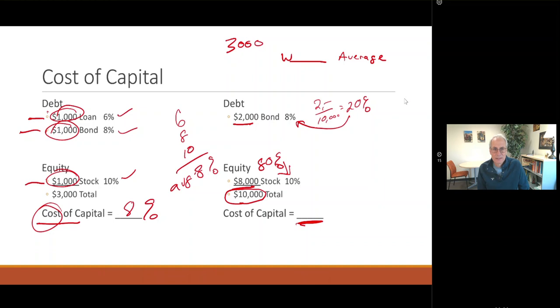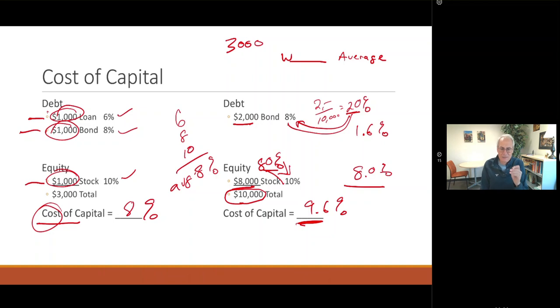I want you to calculate that. All you're going to do is take 20% times 8%, and that's going to be 1.6%. 80% times 10%, that's going to be 8%. We add them up, and we would get 9.6%. That's what we call a weighted average.